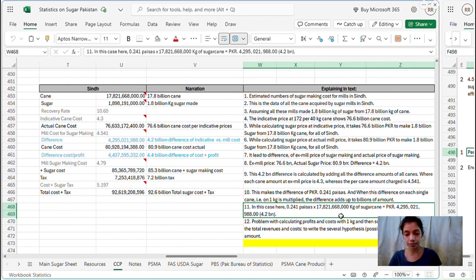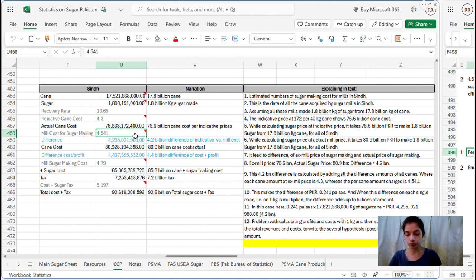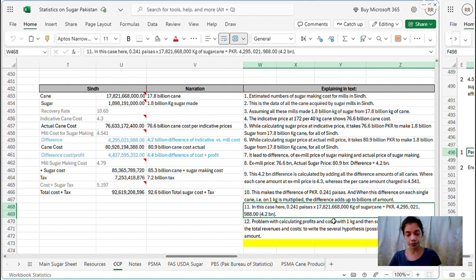Then I arrived at this point here, that there is a difference of paisas on the smallest numbers, 4.3 to 4.54, and the difference is 0.241 pesos. And when you multiply this difference of 0.241 pesos with the total sugar cane quantity, you're going to get PK of 4.2 billion. That means in terms of value.